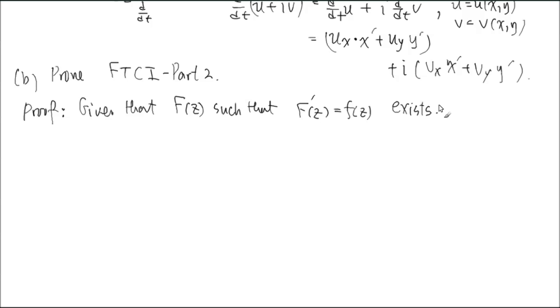Do you know what the fundamental theorem of calculus part 1 is? This is part 2. If you were lucky enough and found an antiderivative, this is how you calculate the integral; that's the fundamental theorem of calculus part 2. Does anybody know what part 1 says?